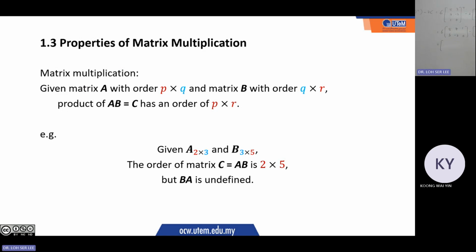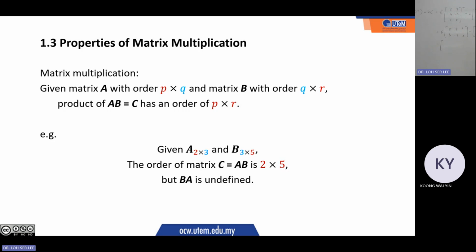B has an order of 3 by 5. So you have to make sure this later value and the first value are the same. If they are not the same, that means undefined. Now they are the same. So for the output of A times B, let's say C is A times B, the output matrix C has an order of 2 by 5.